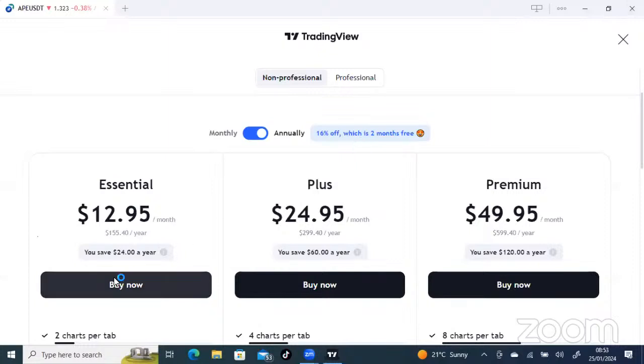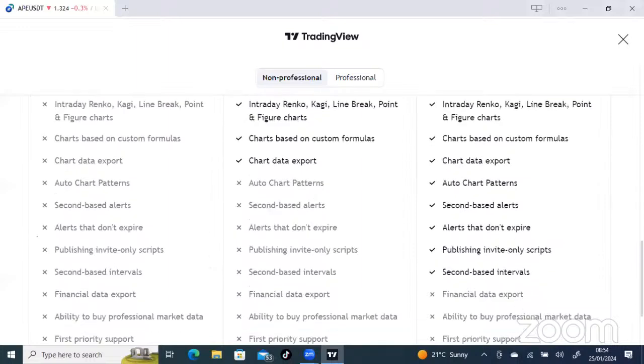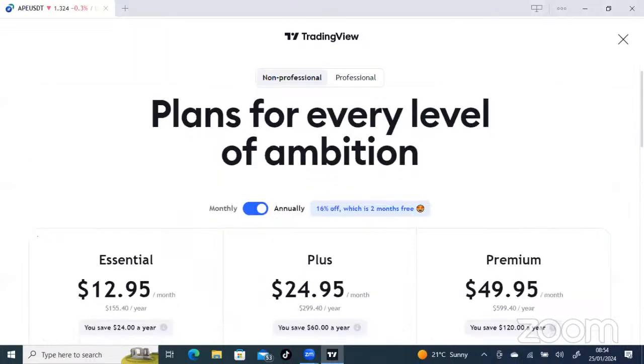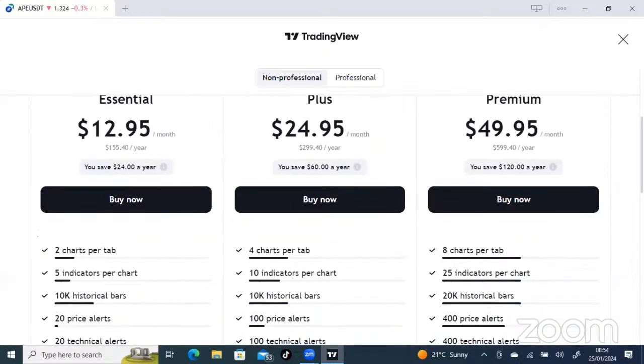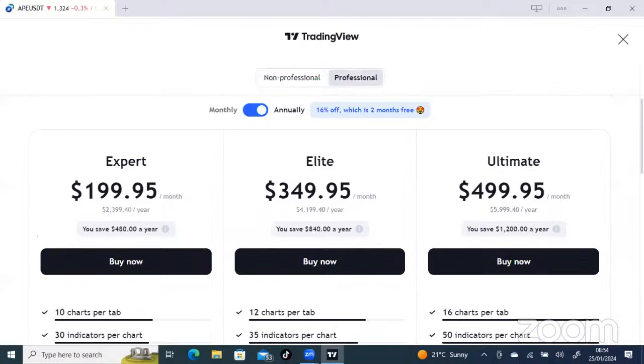But okay, I will pay. This is very little money, 12.95. But I can still, me, I've not paid for TradingView since I started. But this is cheap. Even I can afford this one. But what happens in profession?